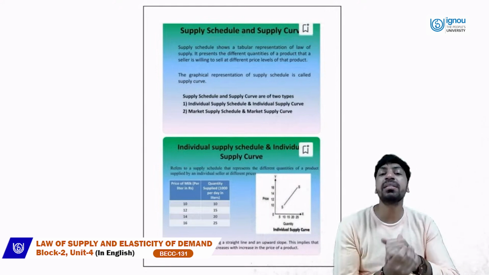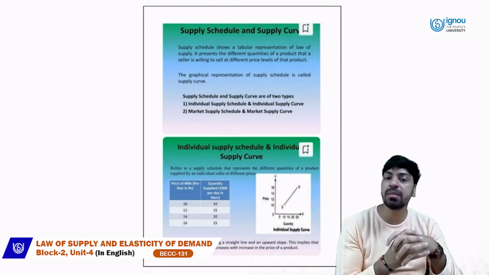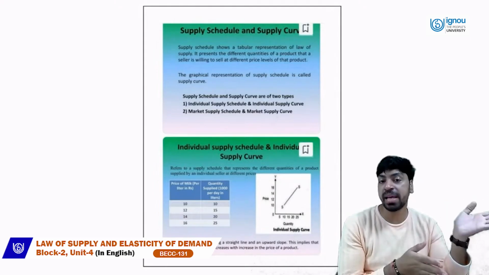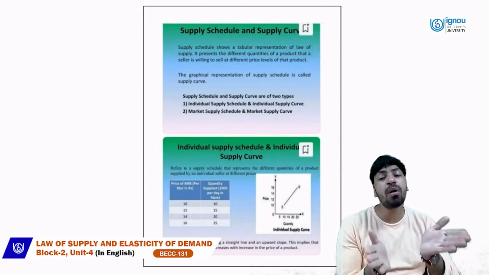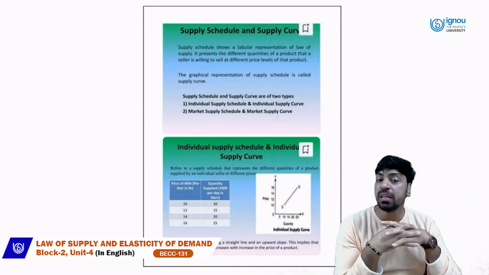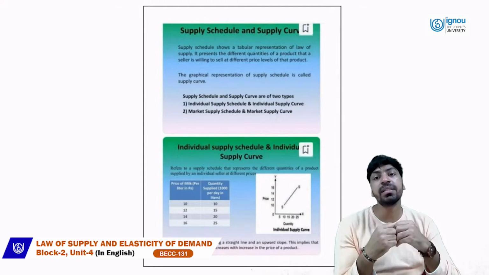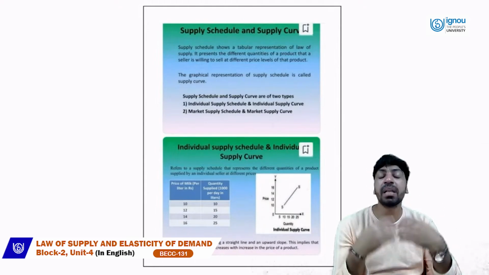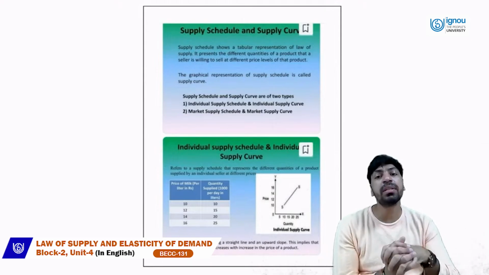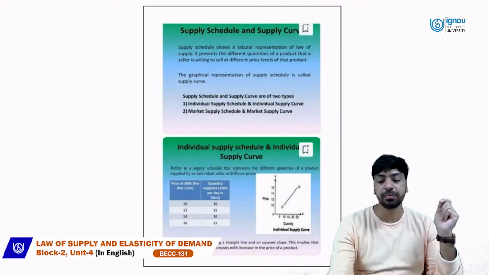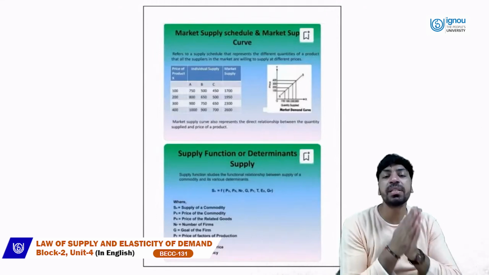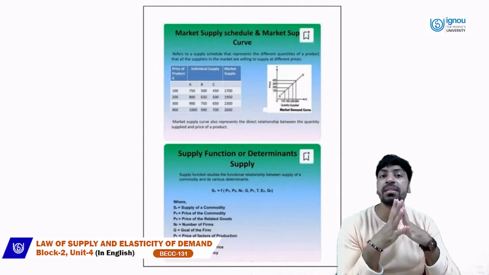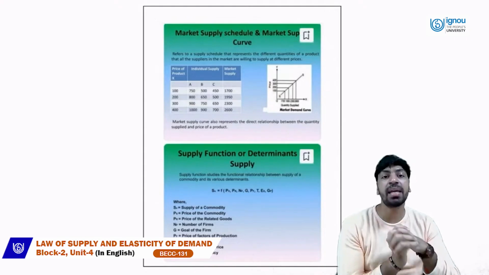The market supply curve is the graphical representation of this, showing the different quantities supplied by different producers at different price levels in a given market during a particular period of time. So this is the conceptual framework of the market supply schedule and the market supply curve.